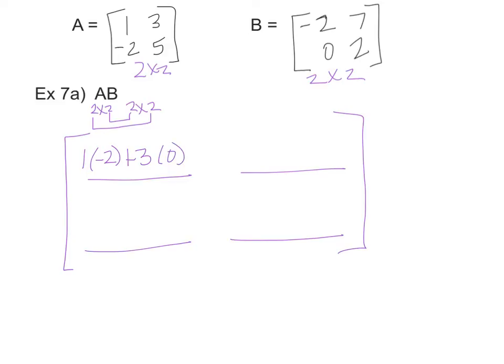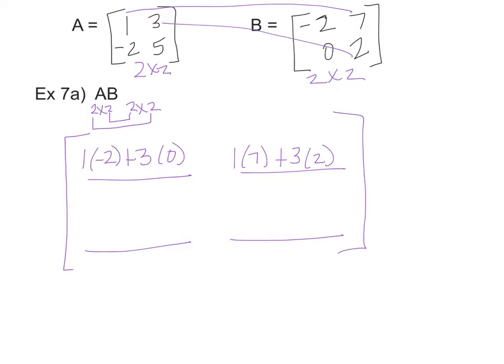Top left, top left. I'm going to go with the top right. So I'm going to take my top row here. I'm going to distribute it over here to the second column and then write those up. I'm going to have 1 times 7 plus 3 times 2 because we're taking that distribution here.